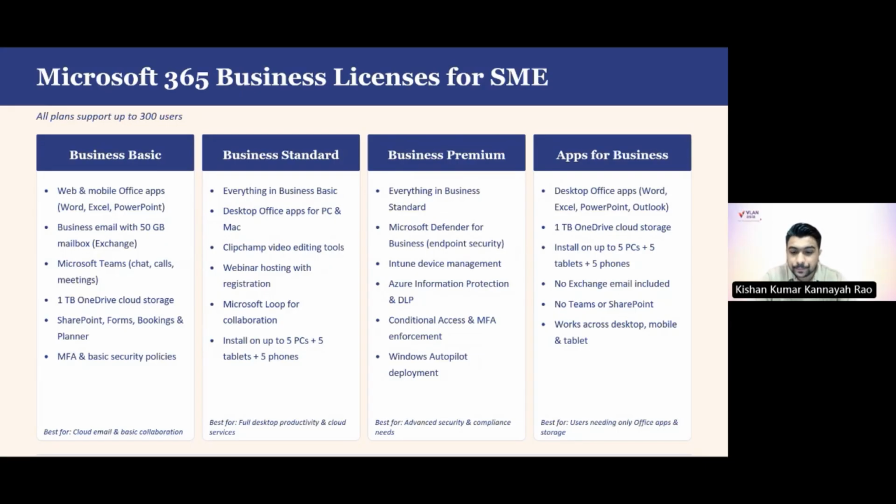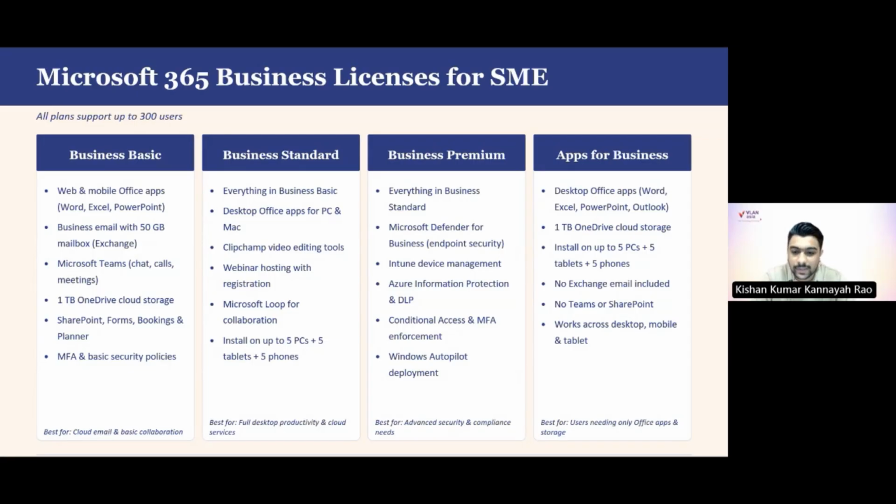On top of that, you will get Defender for Business, which is endpoint security. So you don't have to go and purchase third-party endpoint security like Avast antivirus or any other third-party products, because Business Premium comes together with Defender for Endpoint, which also includes the EDR portion.